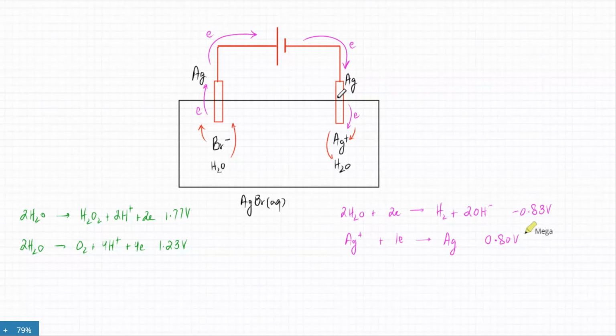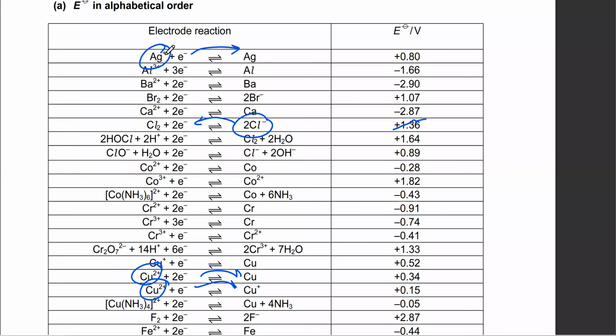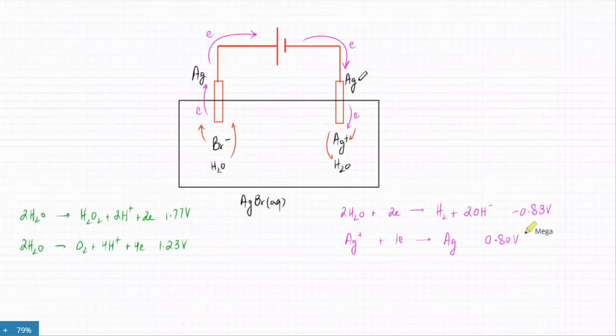Now you have to keep this in mind as well. This is silver. So if there were an equation where silver is gaining electrons, you should write that down as well. But if you look at the data booklet, there is no equation where silver atoms are gaining electrons. They don't form negative ions. So this one is out of contention. The metal electrode is not going to be the one gaining electrons.